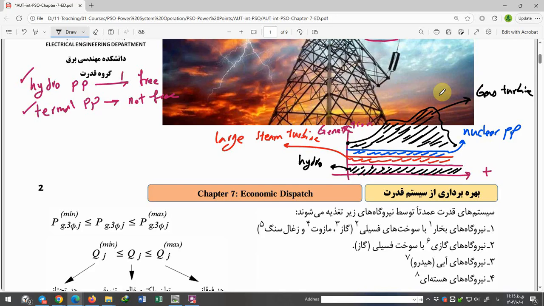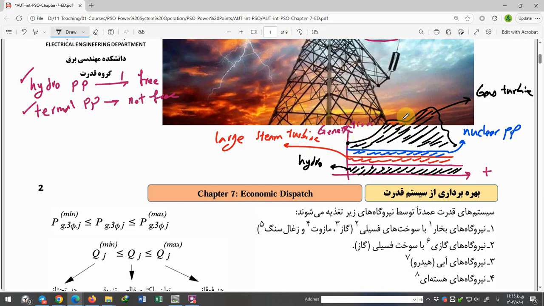The gas turbine power plant is cheaper than another turbine, but the ability of the gas turbine in incoming and outgoing from the power system makes us use the gas turbine in a changeable load profile.